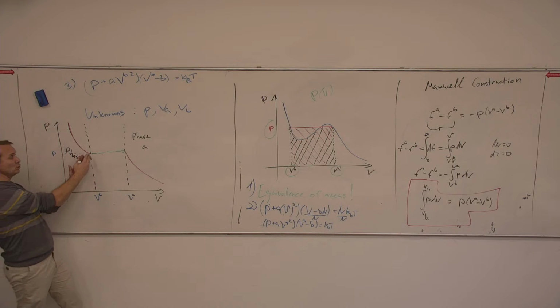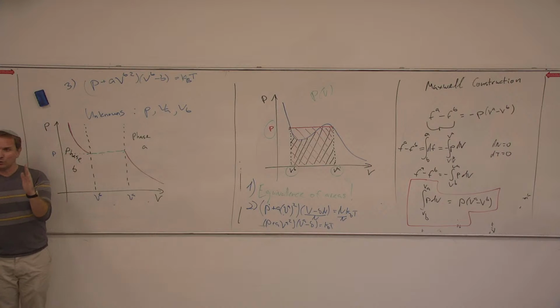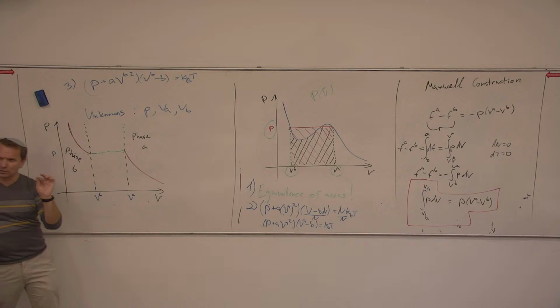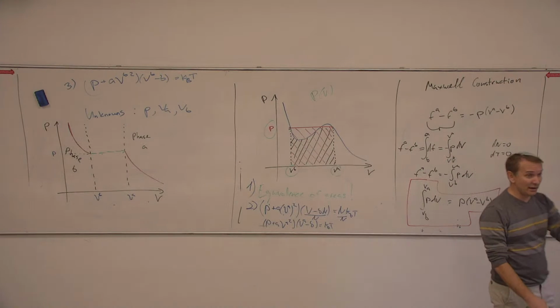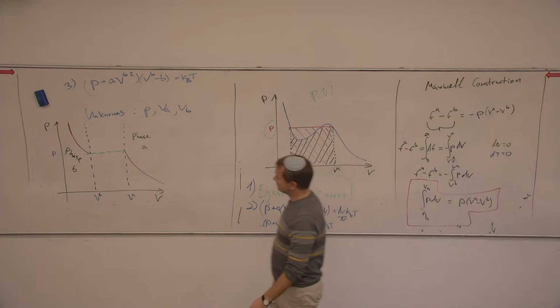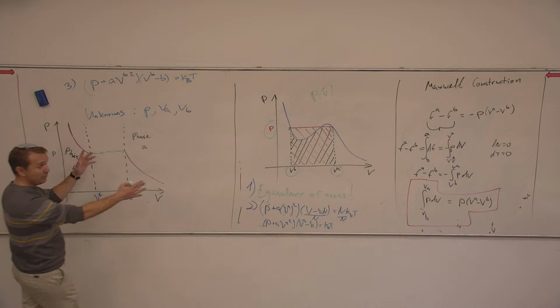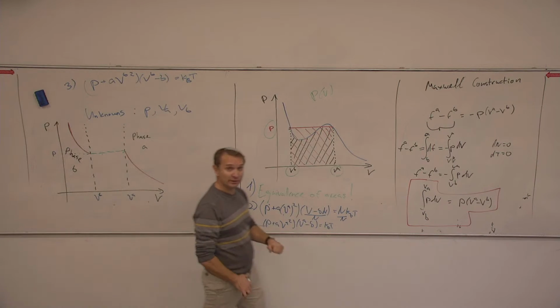We can be very close to this point, we can be at coexistence, but the moment that we shift out of that coexistence point, the transition usually is going to be extremely fast and violent. Okay? Now we know, at least for this simple system of van der Waals, how to find this transition.